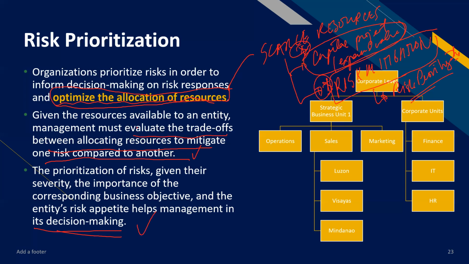We prioritize not because all other risks are not important. We prioritize because we want to determine where will the money go, which risk mitigation should be funded, and which should not be funded. And therefore, the risk response will be in such a way that no money is involved, or no cash needs to be invested. Okay?